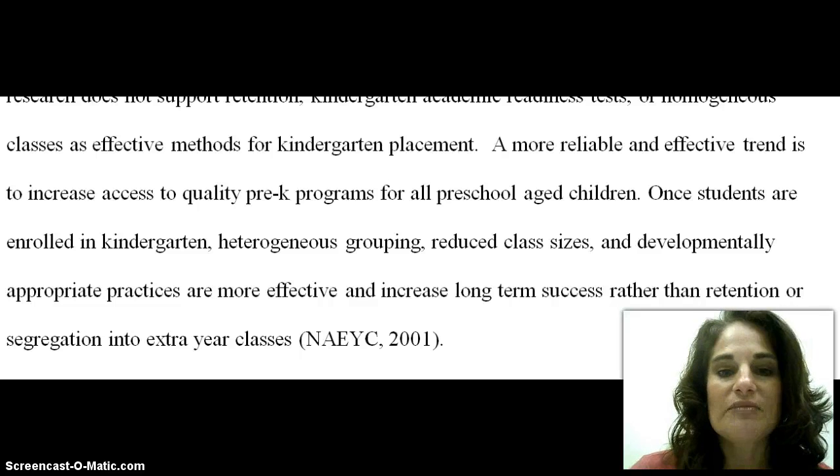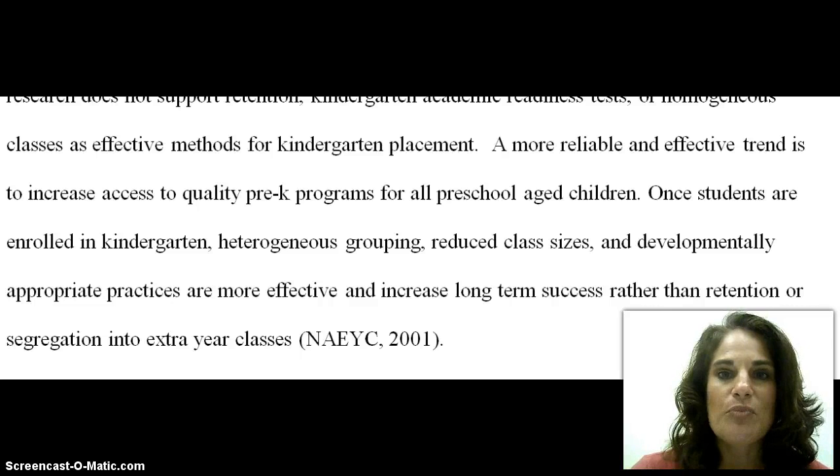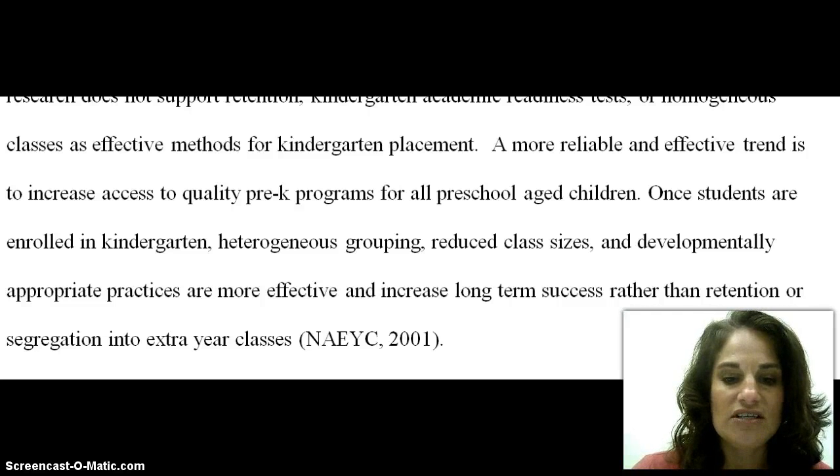So right there, I'm leading my reader into possible solutions, and those are the types of things I'm going to be talking more about in the body of my paper. But in the introduction, it's important to put that so that they know the direction in which I'm taking them through the research.